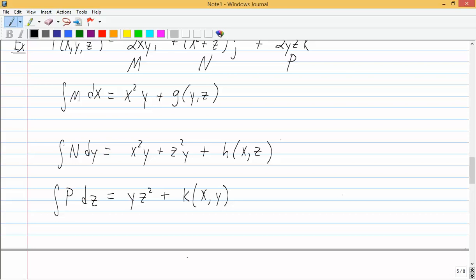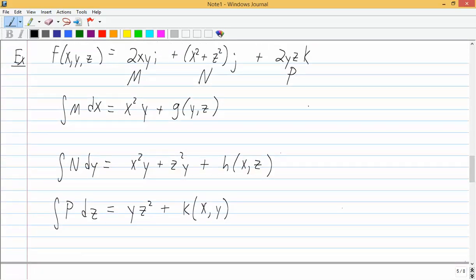Now compare all three parts. You can tell that g of yz is equal to what? This right here. Right?